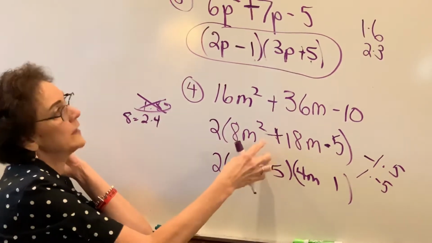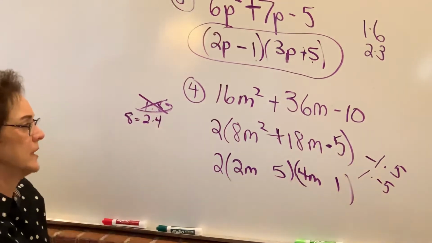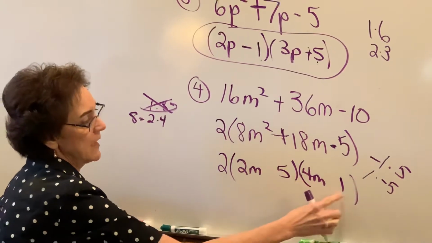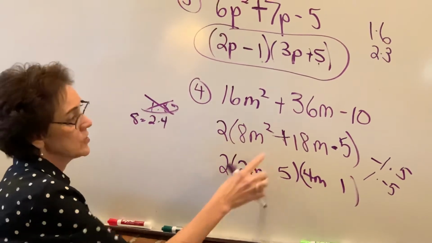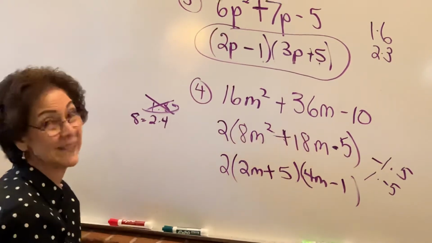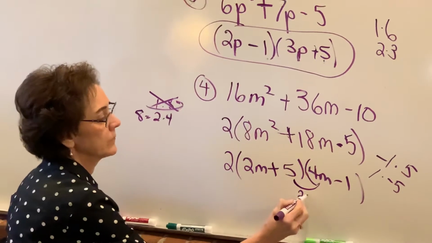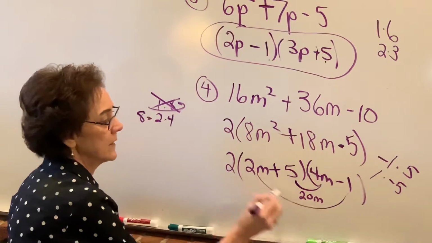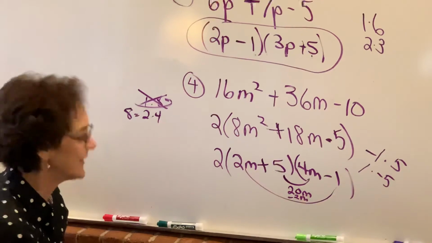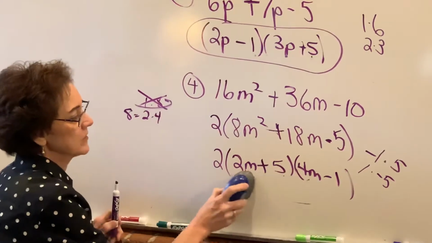And if your quantity in the middle was negative, you'd want your larger quantity to be negative. So keeping that in mind, notice this is a 20 and this is going to be a 2. So I need a +18. So I'm going to make the 5 positive and the 1 negative. Did it work? 20m, -2m. Sure enough, that's 18m. So we got it. We found the combination that gives us the right answer.